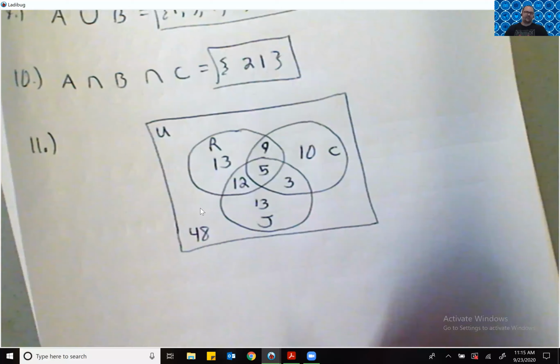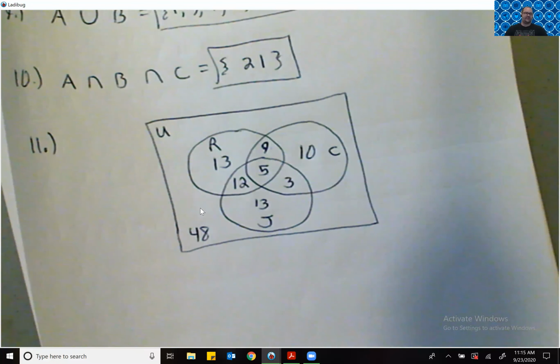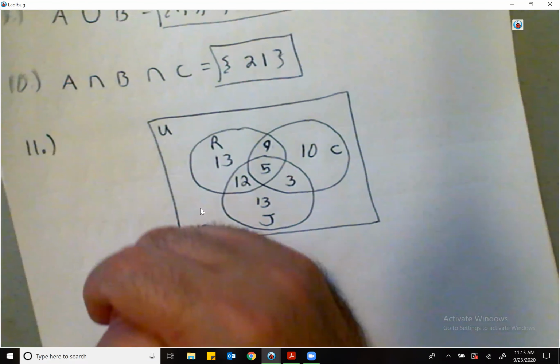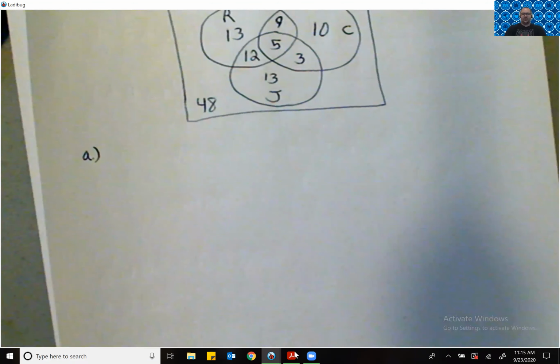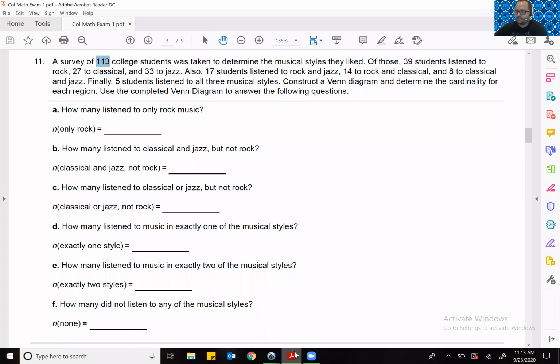Now that the Venn diagram is done, we can start tackling the questions. Okay, that was the math part. There's all the math that's on your exam. So we've got 6 questions. Part A says, how many are only rock?